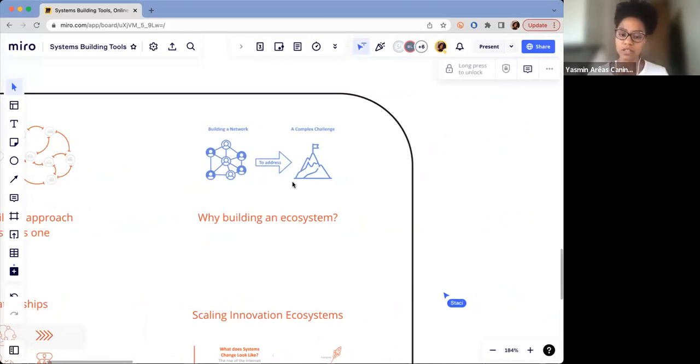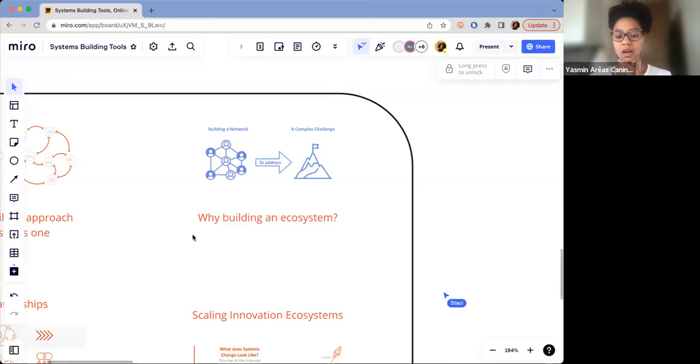So it's important to build the network, build these relationships, and through the strengthening of these connections, give rise to a better, healthier system that is going to, in a way, diffuse away the challenge that we identify.